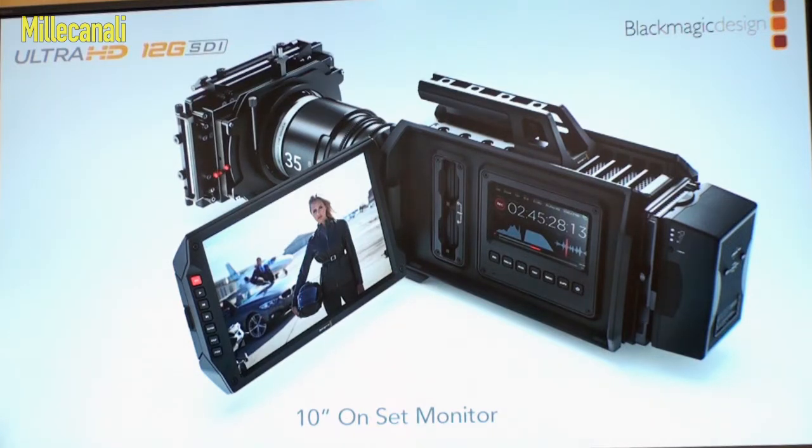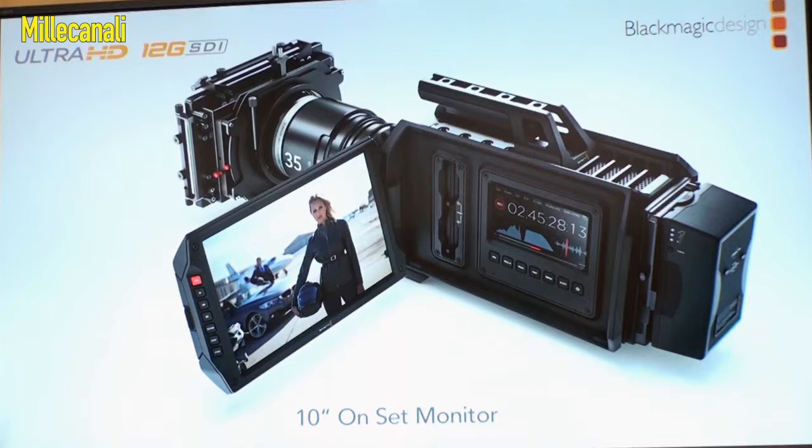So this is the DOP area. You've got all the features you need in this area, and then of course on the other side, you've got areas for an assistant and an audio engineer.